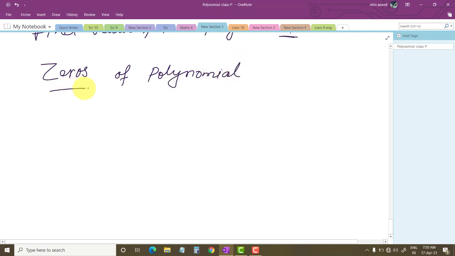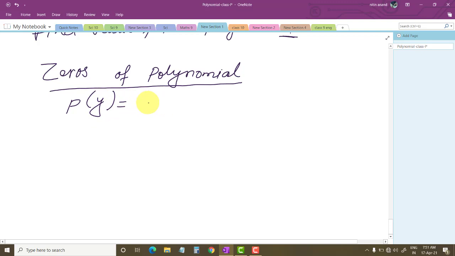Okay, zeros of polynomial, this is our new topic. Now suppose we have a polynomial in terms of y, then we will write p(y).